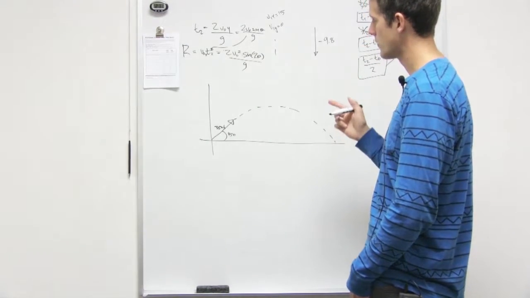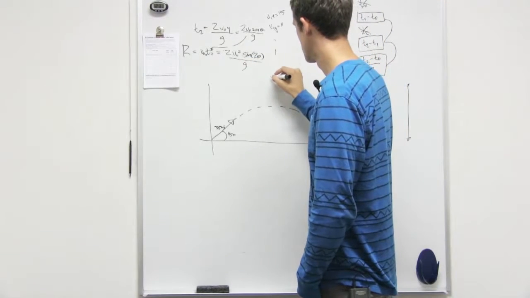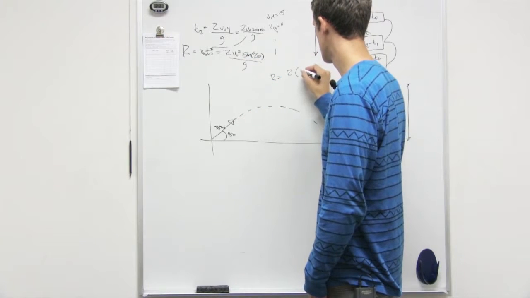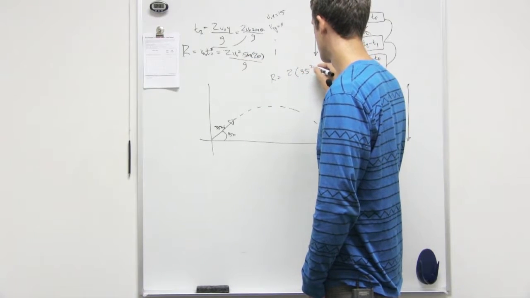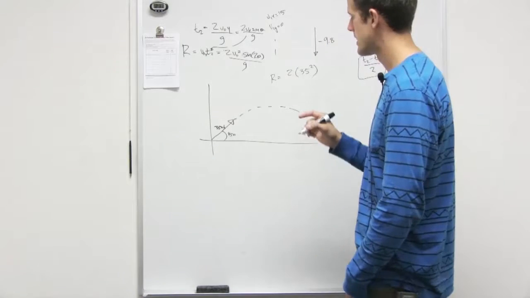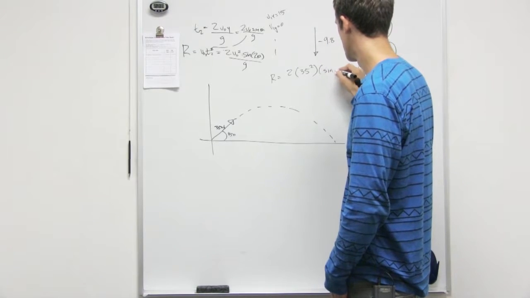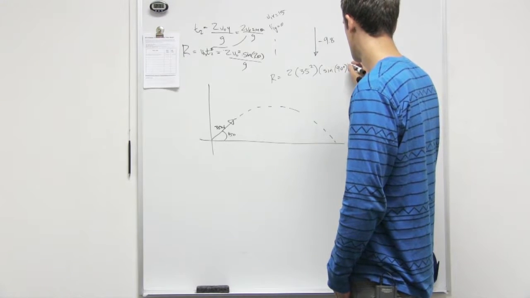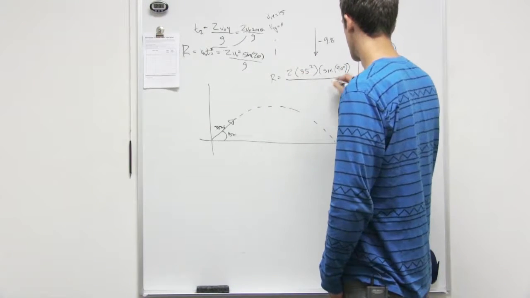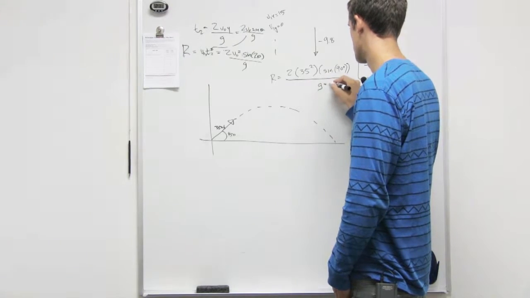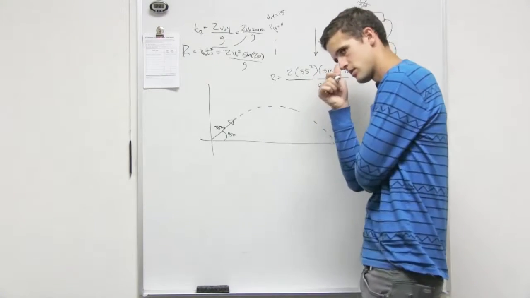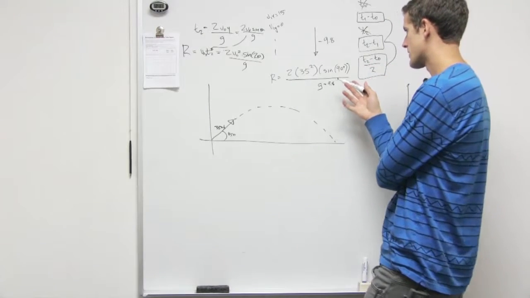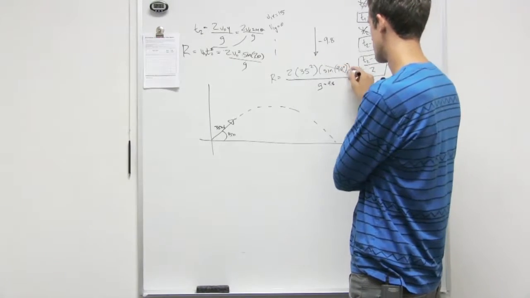you can say, all right, my range is going to be equal to 2 times V naught, which is 35, squared, times the sine of 2 theta, which is 90, all over G. G goes to 9.8. So whatever 35 squared is, the sine of 90 is just 1.